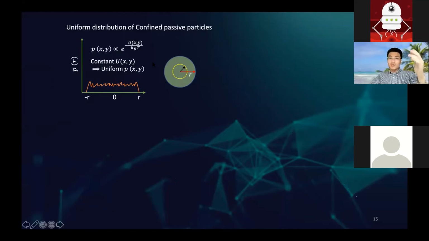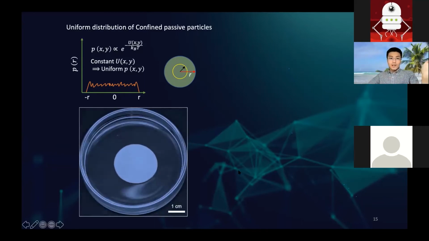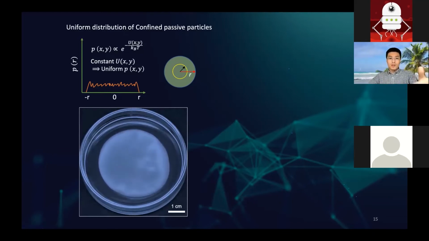Since passive particles have a constant energy potential, they will have a very uniform distribution in the confinement. Like in this video, we put the passive PS particles in the glass petri dish, and we observe that they eventually distribute uniformly in the dish.